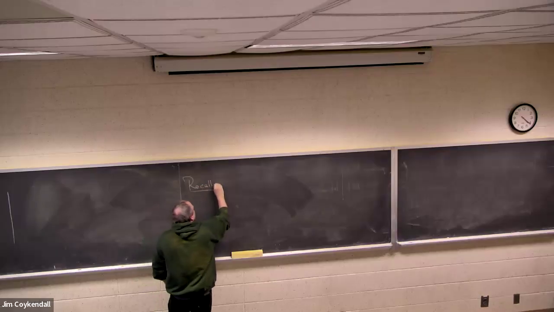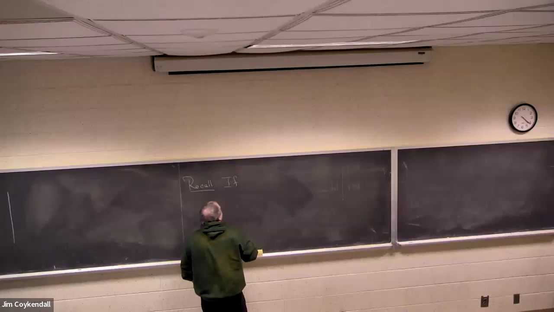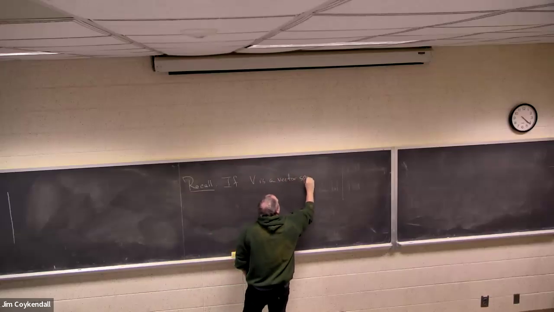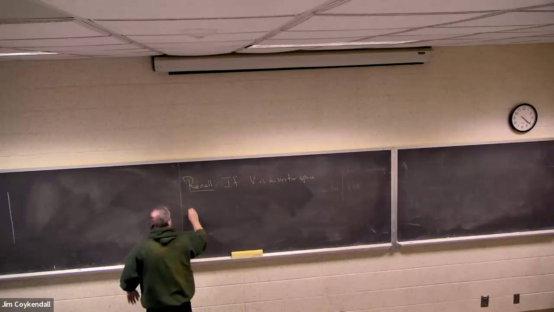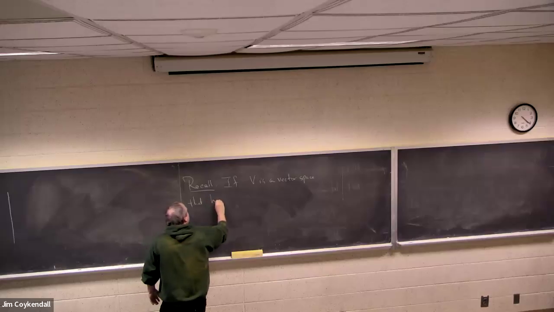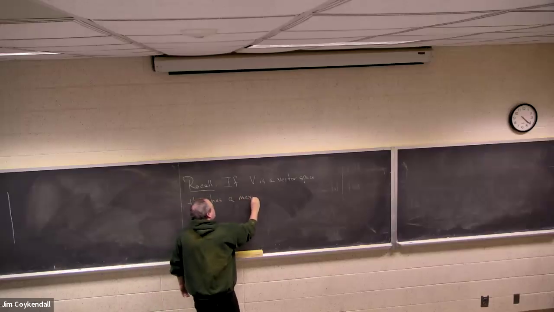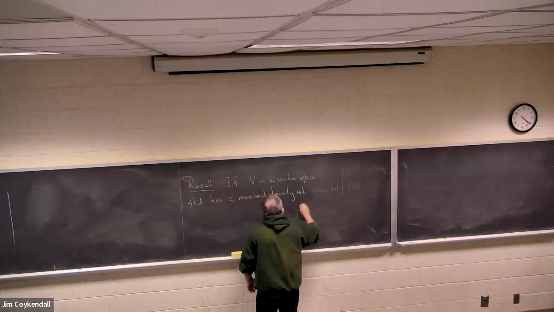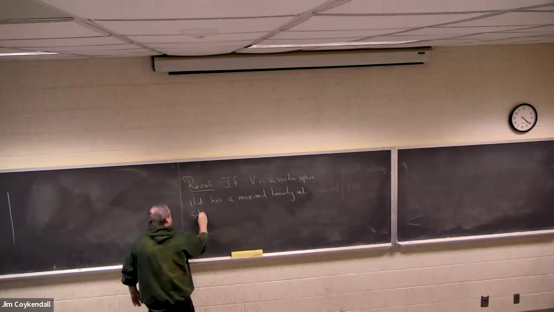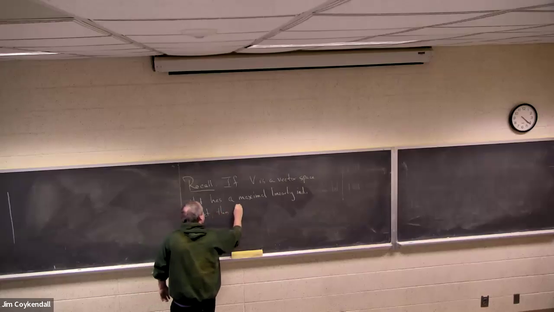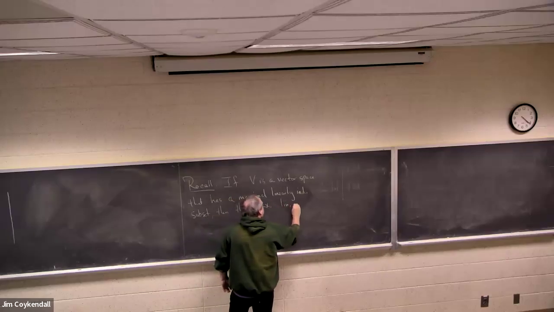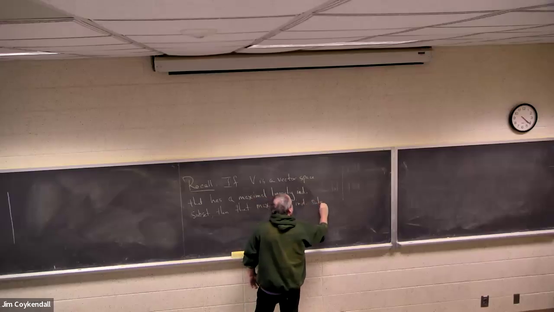Recall, if V is a vector space that has a maximal linearly independent subset, then that maximal linearly independent subset is a basis.